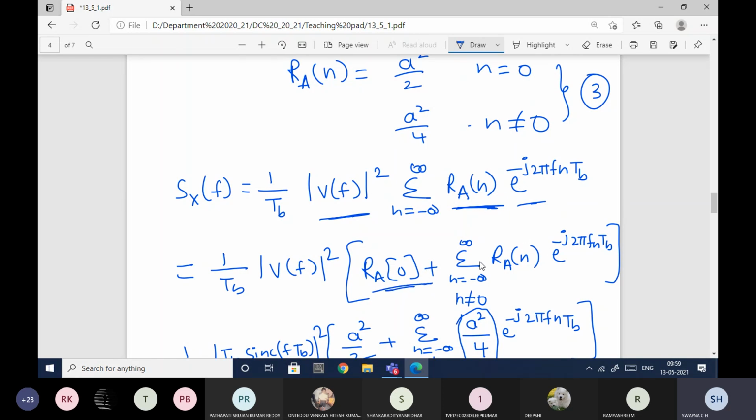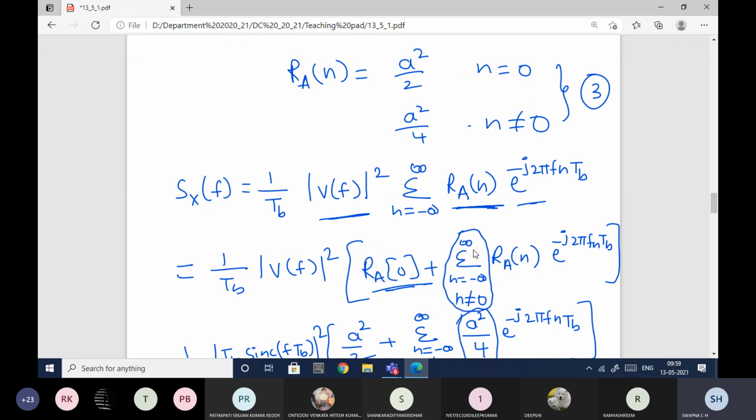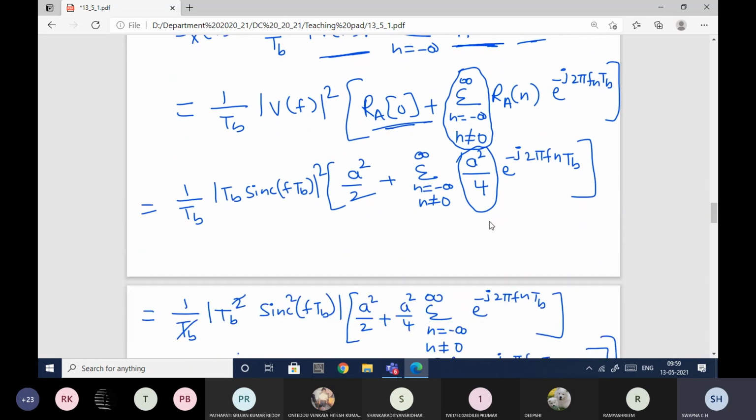And here, since I've already substituted n is equal to 0, my summation I'm taking as summation n is equal to minus infinity to plus infinity, but n not equal to 0. Okay, so then after that, I have substituted R_A of 0 value and R_A of n value. Then anyway, this is independent of n, so I've taken it outside.